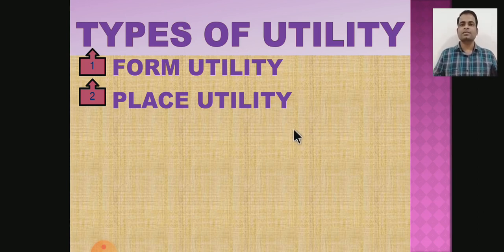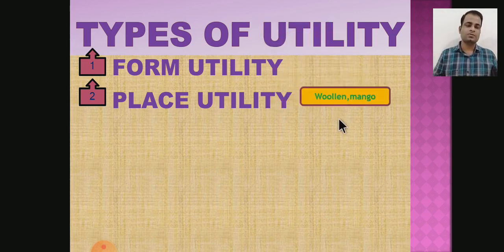In this case, the utility of the commodity increases. But what is the reason behind it? The change in the place of utilization is the main reason behind the increase in utility, and therefore it is called place utility.